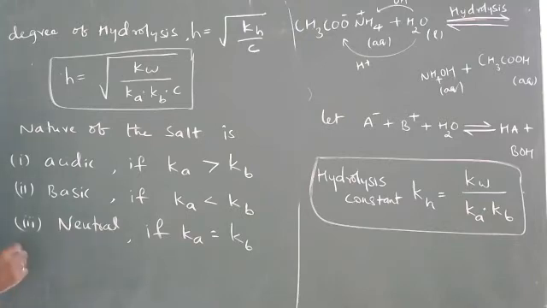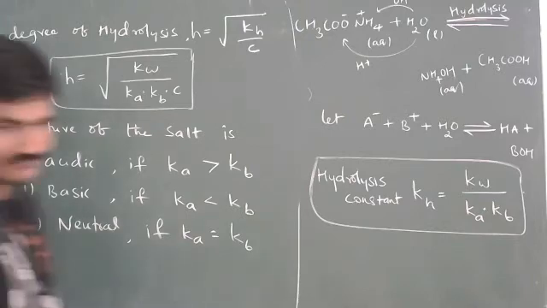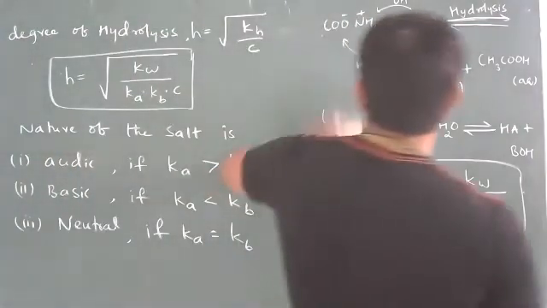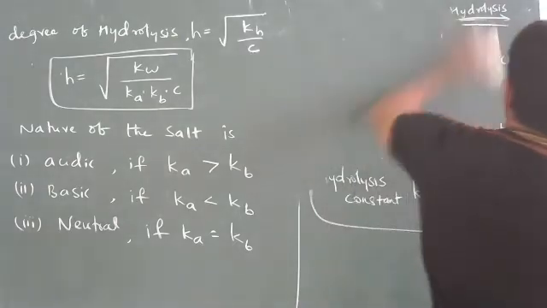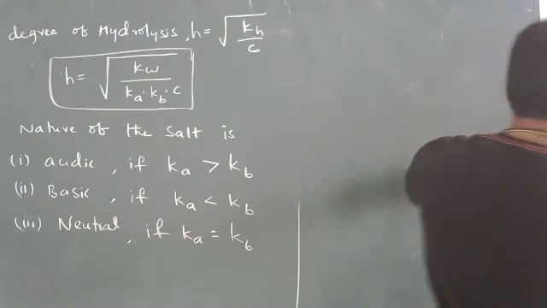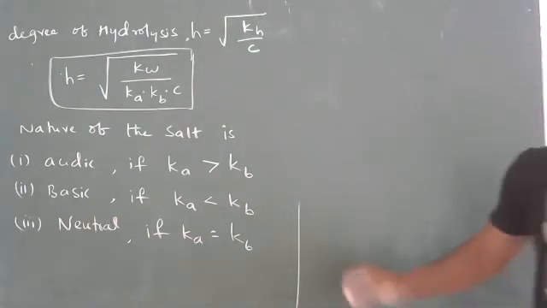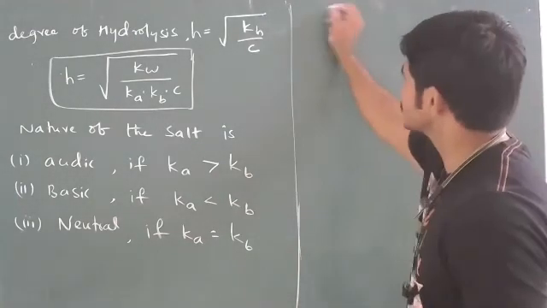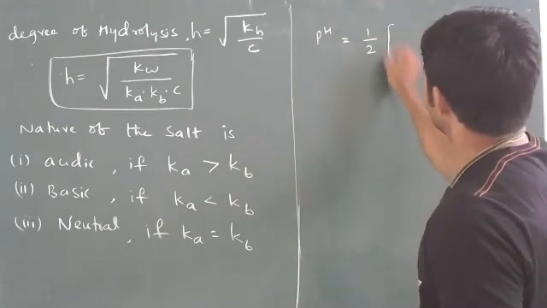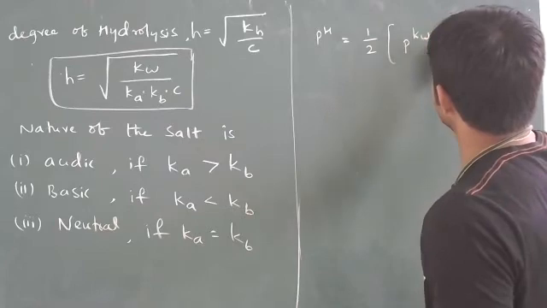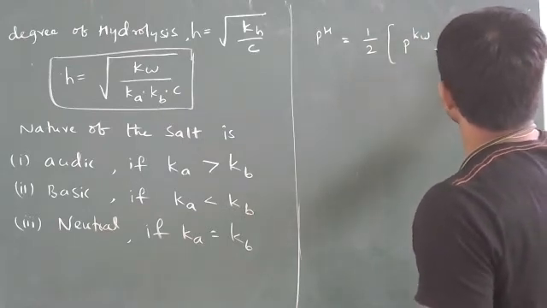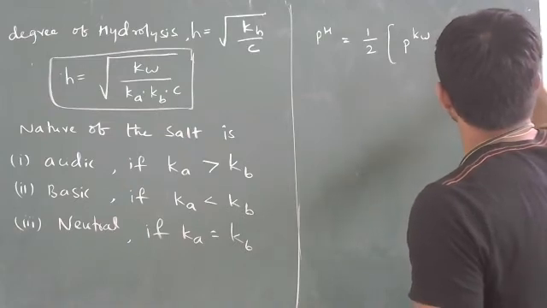Now, pH of this, what can I write? So pH of the solution is 1 by 2 pKw plus pKa minus pKb.